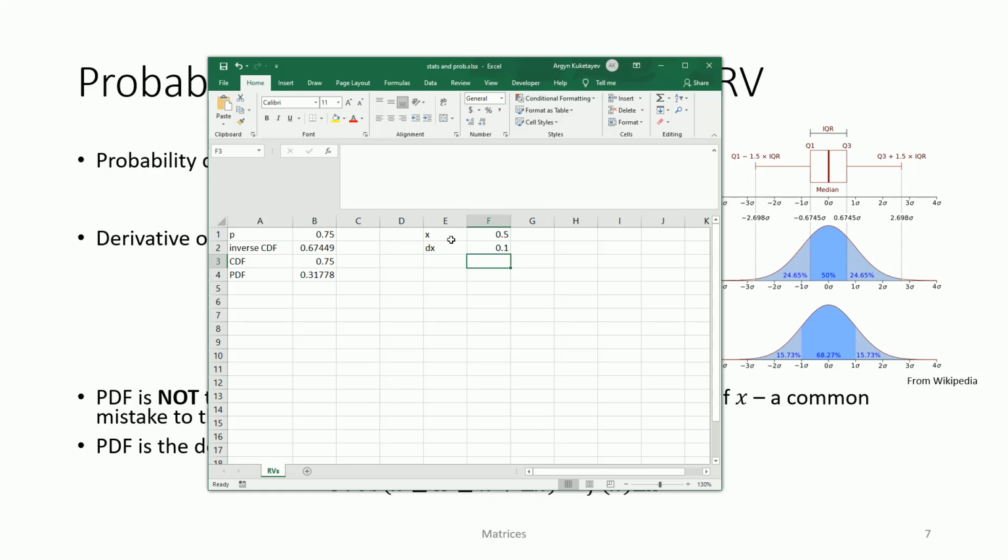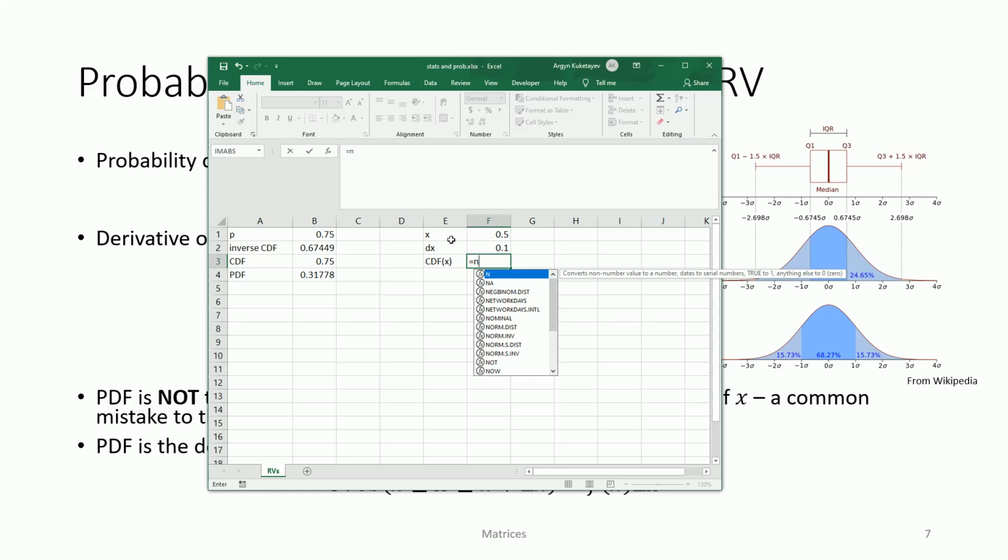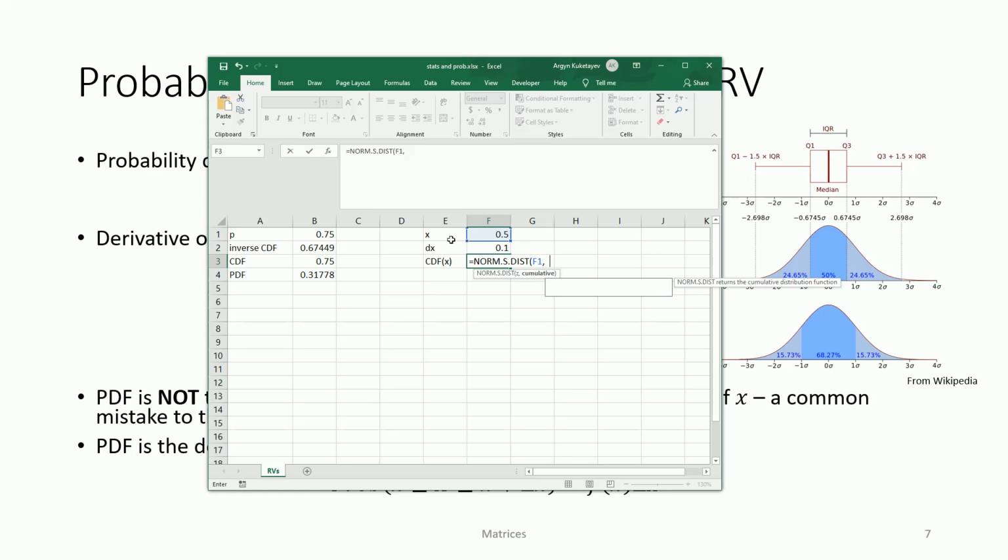Now let's calculate the CDF at x, and this would be norm, using standard normal distribution, CDF of the number x, and we will say true. Now let's get the CDF of x plus delta x.